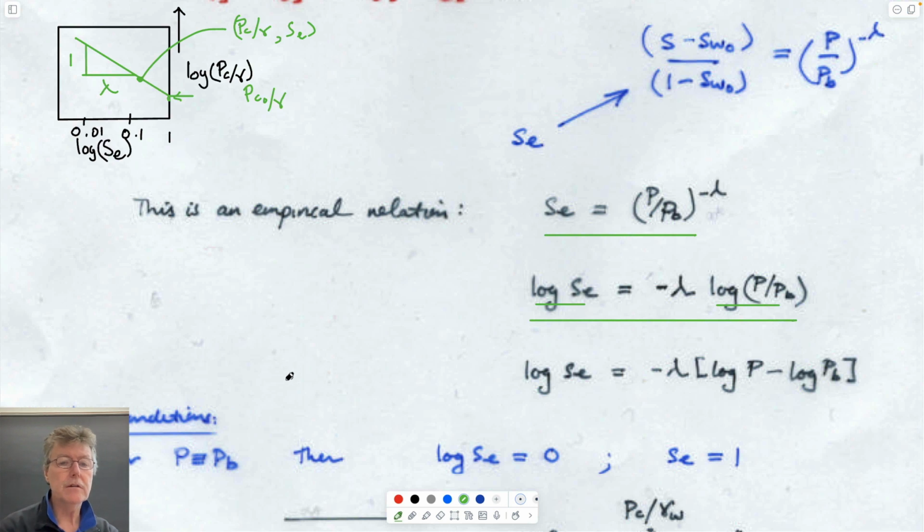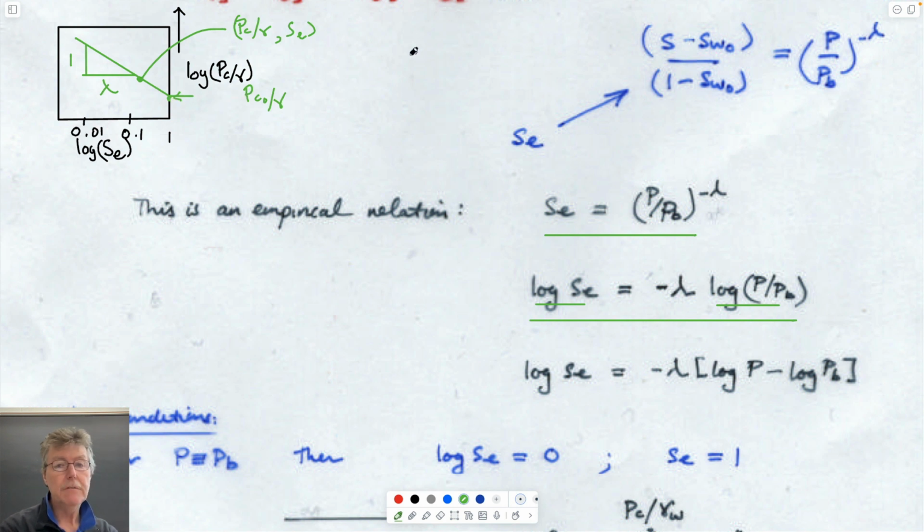And so we know that if we have this expression, when the saturation is equal to 1, then the log of that saturation is equal to 0, and this is the origin of that curve. So at this particular ordinate, saturation of 1, this by definition has to be the bubbling pressure.